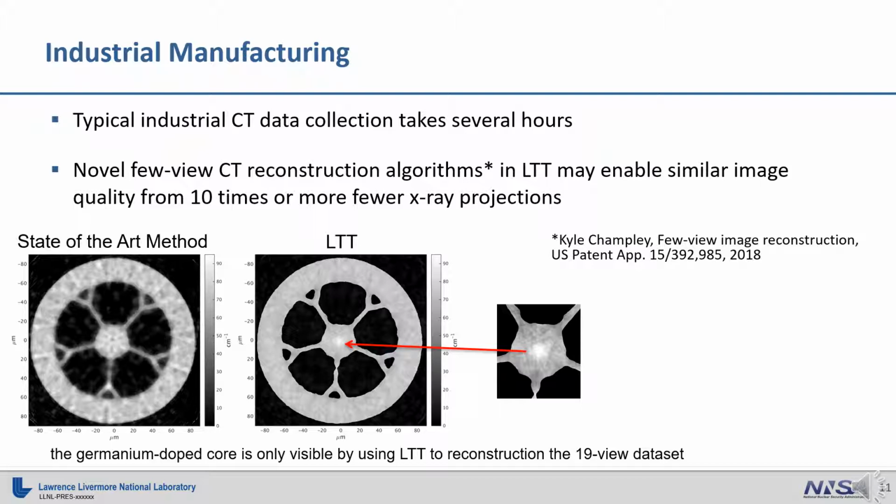So after we imaged this thing, we didn't know it at the time, the manufacturer told us, yeah, in fact, the core of this glass fiber was germanium doped. And so there is a bright density spot at the center of this glass fiber. Now that's very obvious from the LTT reconstruction, but even in the state-of-the-art reconstruction, there's no way you could ever tell that existed. So there is more information that you're getting out of our few-view reconstruction algorithms.